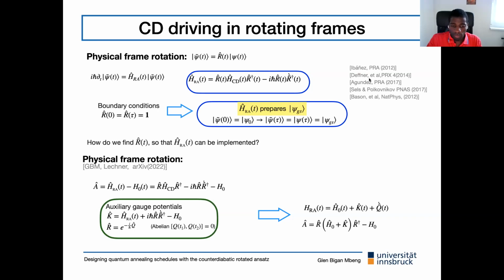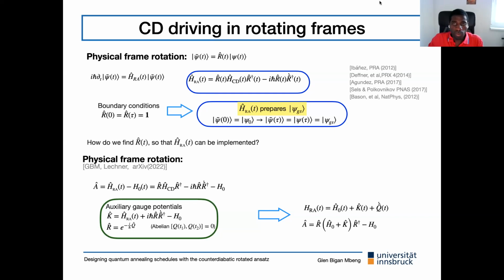However, quantum annealing in general doesn't have these kinds of simplifying properties, and it would be convenient to have a technique that can find this R of t in a systematic way.